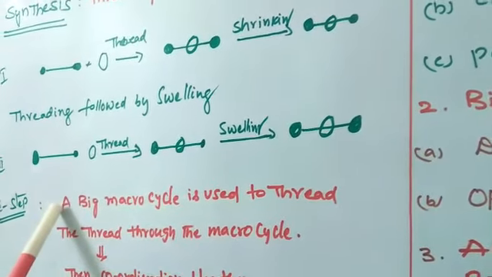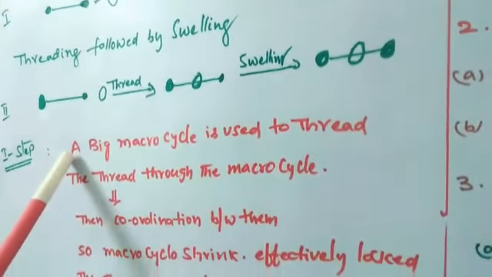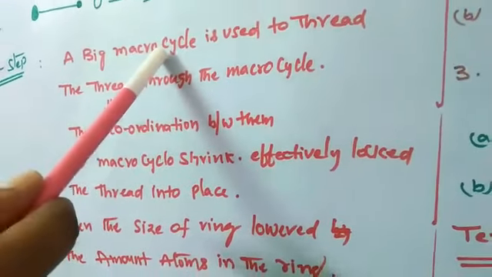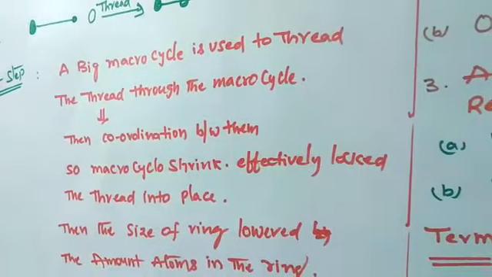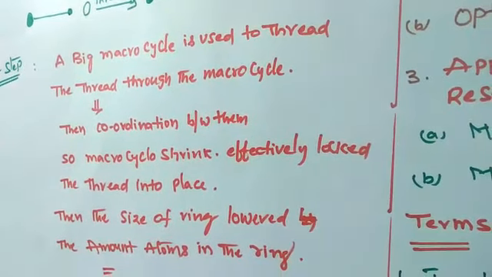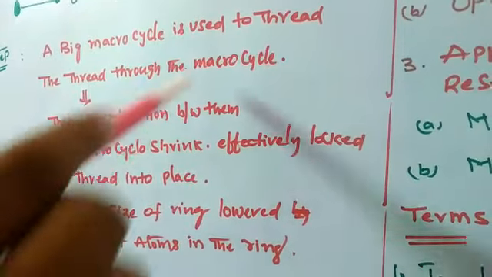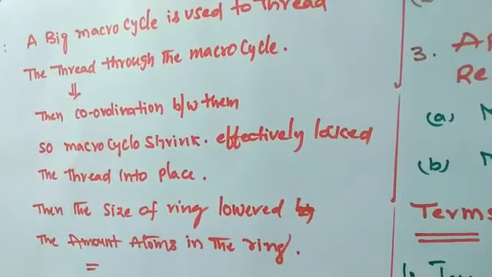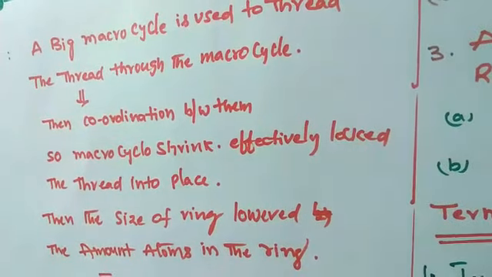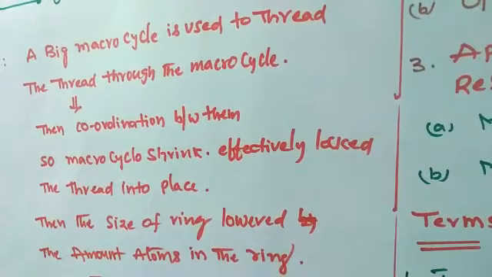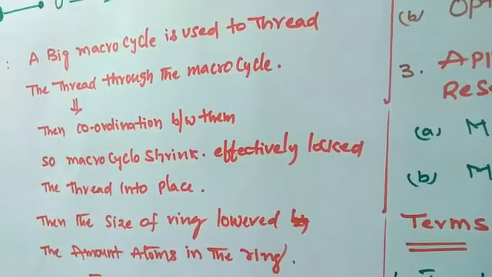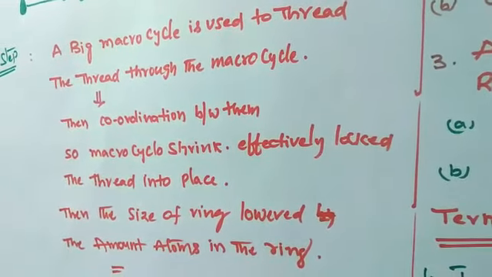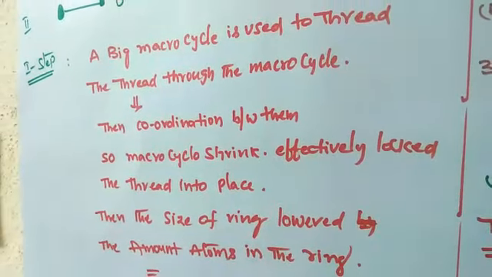Look here. In the first step, a big macrocycle is threaded by the thread. So the coordination between the macrocycle and the thread causes the macrocycle to shrink.